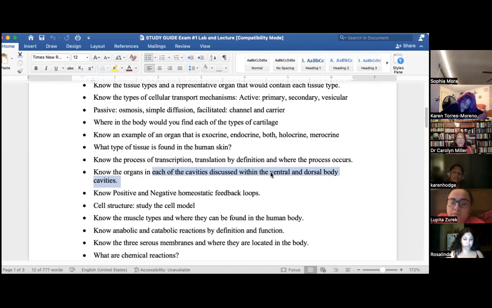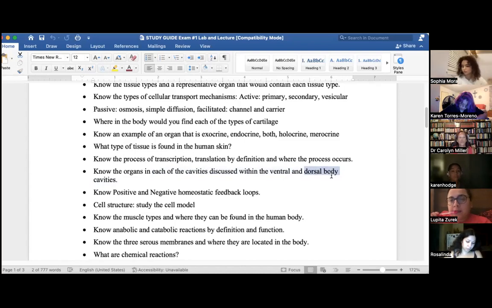If I said the patient had fluid around the heart, then it will be in the parietal pericardial cavity. Pleural, both parietal and visceral, are for the lungs, and peritoneal for the intestines, both parietal and visceral. So the cavities, the ventral, thoracic and abdominal pelvic, dorsal, the brain and vertebral.